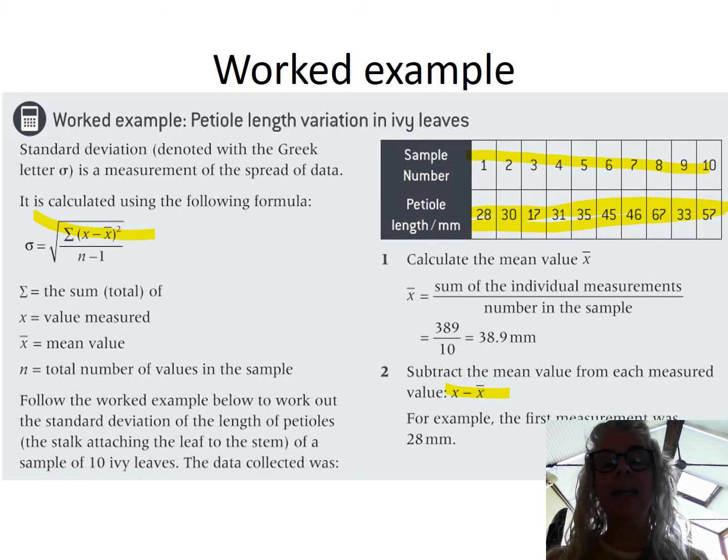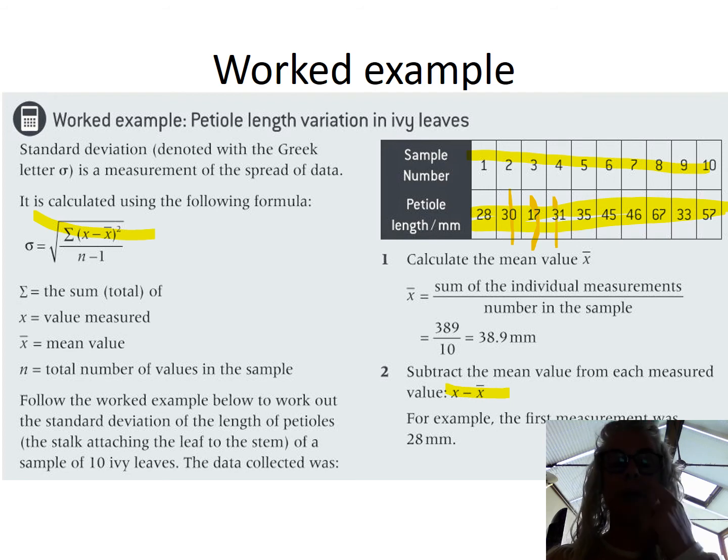So whatever the mean is, it would be 28 minus the mean squared plus 30 minus the mean squared plus 17 minus the mean squared plus 31 minus the mean squared, etc. That would be over n minus 1.